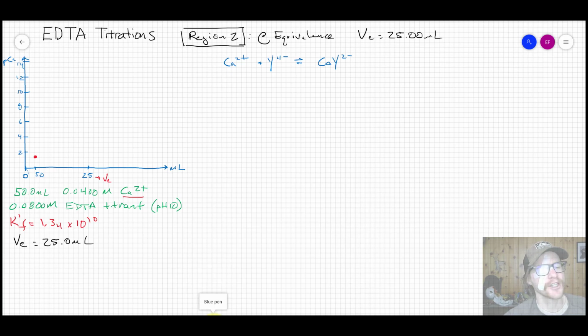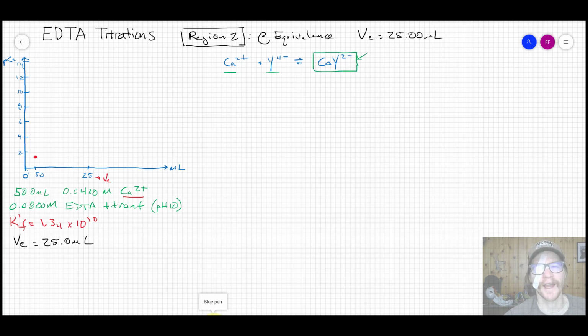So the definition of our equivalence point is that we've added exactly enough of our Y4-, our complexing agent, EDTA, to completely complex out all the calcium. That means we've completely converted all the original free calcium into the complexed CaY2- form.